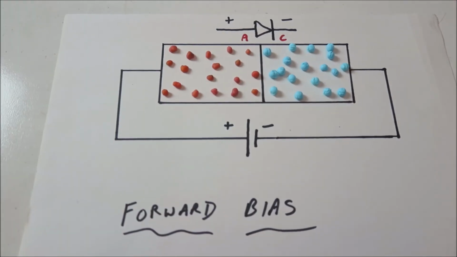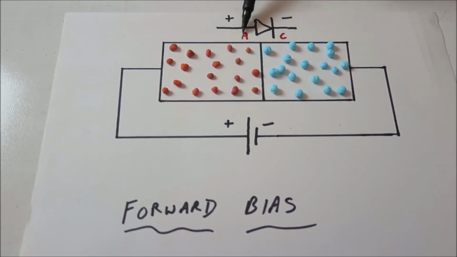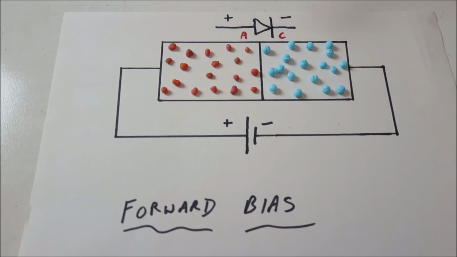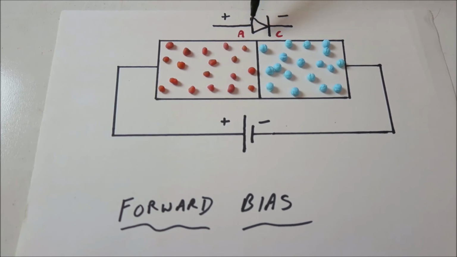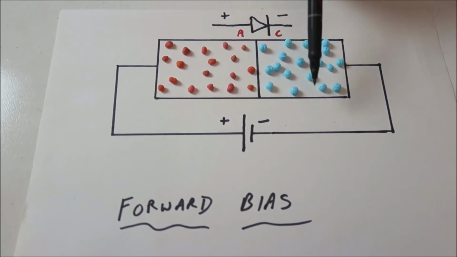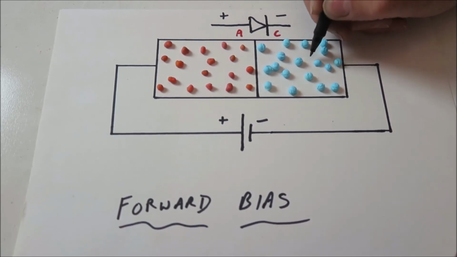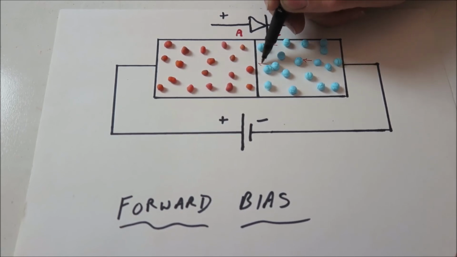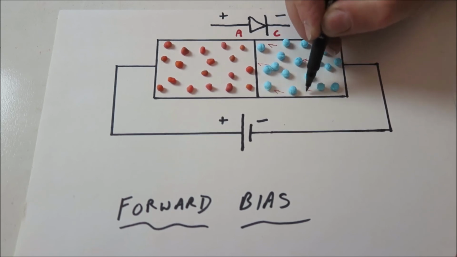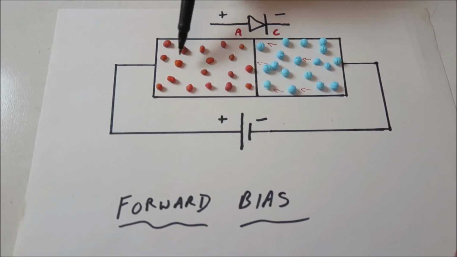Okay, now if we look at the forward bias, the forward bias means the positive side is connected to the anode of the device and the negative side is connected to the cathode of the device. As we always know, cathode is negative, anode is positive. So that's forward bias. In this scenario, electrons are being injected by the power supply and they have movement in this direction. So these electrons are all going forward here. And of course the holes are attracted towards the negative side because holes are what the electrons jump into.